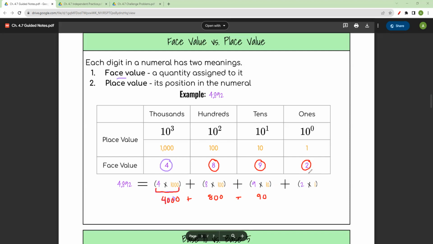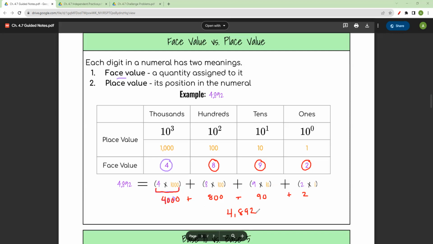We have a 2 in the ones place. So that means we have 2 times 1, which is just 2. So we kind of did it backwards. But if we add up those numbers, 4,000 plus 800 plus 90 plus 2, we get 4,892.